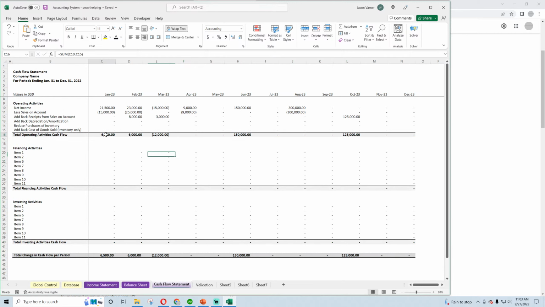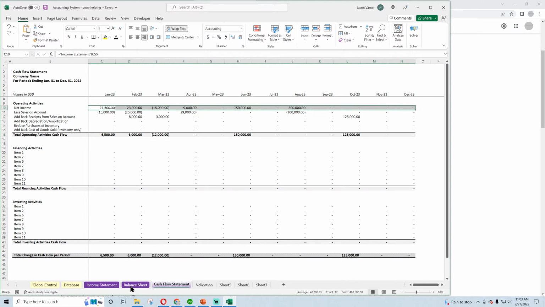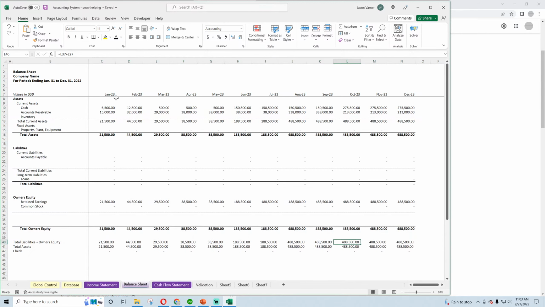It's going to reduce cash flow from operating activities, but that's already in this first line item here, which is net income. In essence, that ends up reducing cash on the balance sheet. So cash is going down, but also retained earnings is going down.